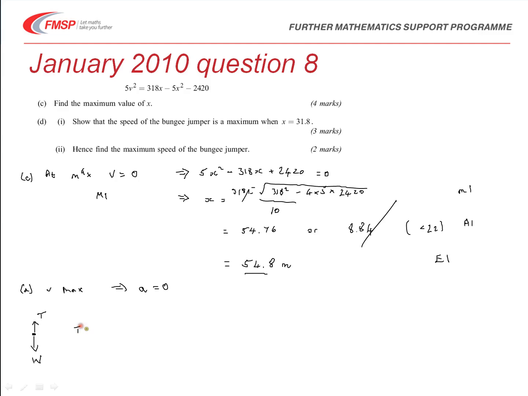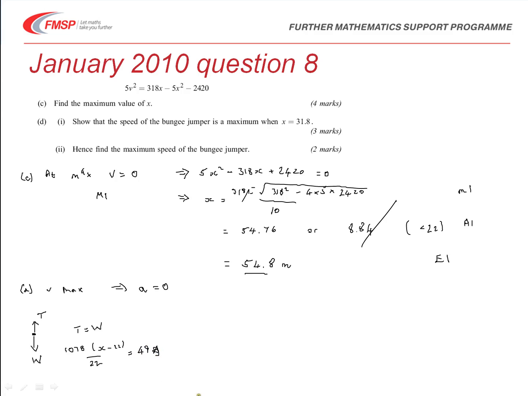So if T is equal to W, we know the tension is given by lambda extension over L. So that is 1078. The extension is given by x minus 22 over L, which is 22. And that must equal 49 g. Okay.